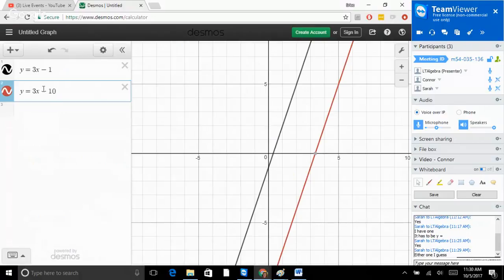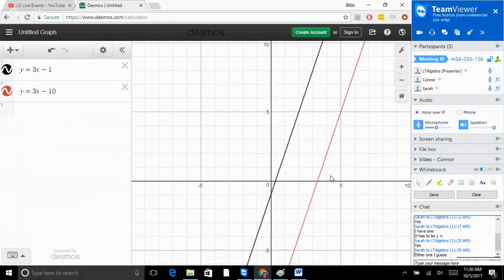So it's good that they are parallel. And we said that our new line that we found should pass through 4, 2. So when x equals 4, there we go. When x equals 4, y equals 2. So we met that criteria.